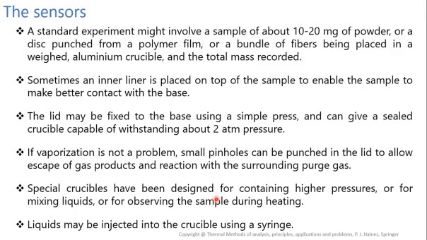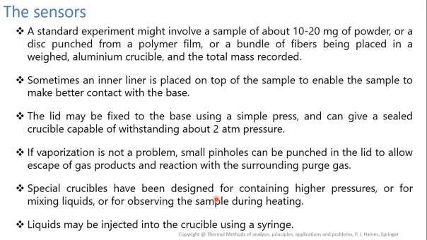Sometimes an inner liner is placed on top of the sample to enable the sample to make better contact with the base. The lid may be fixed to the base using a simple press and can give a sealed crucible capable of withstanding about 2 atmospheres of pressure.